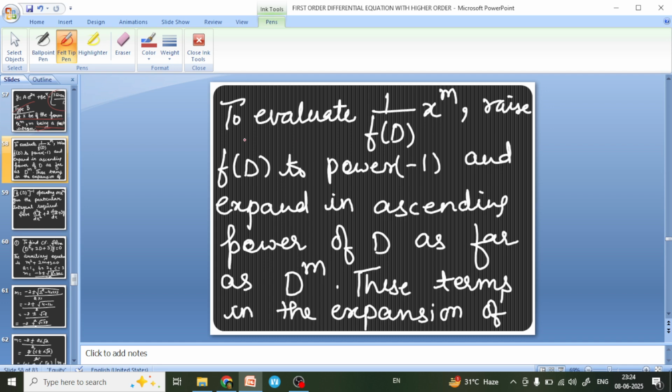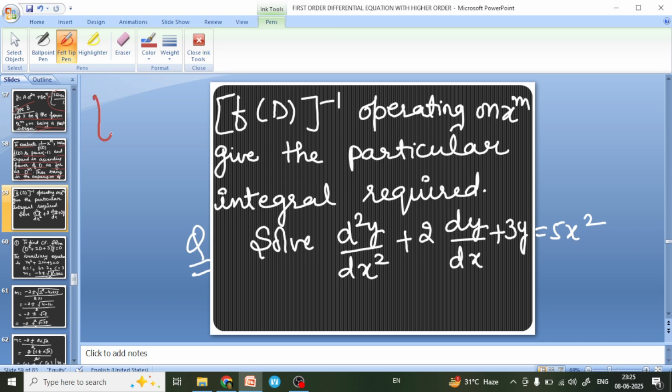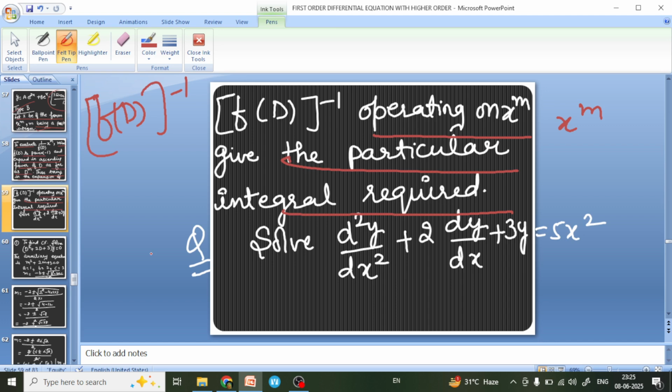Next, to evaluate, first of all you have to evaluate 1 over f(D) x raised to power m, raise f(D) to power minus 1, and expand in ascending powers of D as far as D raised to power m. You have to write D raised to power m, and these terms in the expansion of the function of D to power minus 1 operating on x raised to power m give the particular integral required.